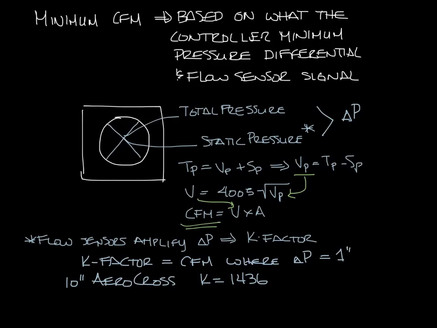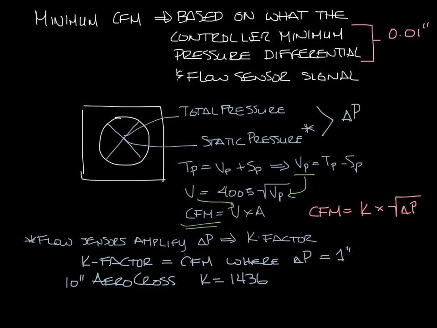Now that we know our K factor, we can calculate our CFM using this equation. CFM is the K factor times the square root of delta P, where delta P is the signal that's going to the pressure transducer. And we're going to use 0.01 inches as the minimum pressure differential that a typical pressure transducer can read.